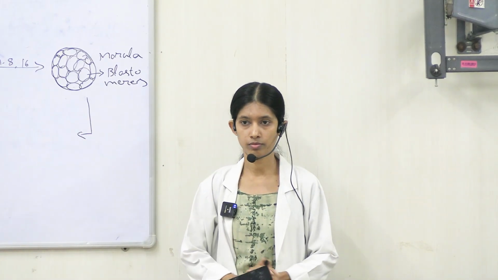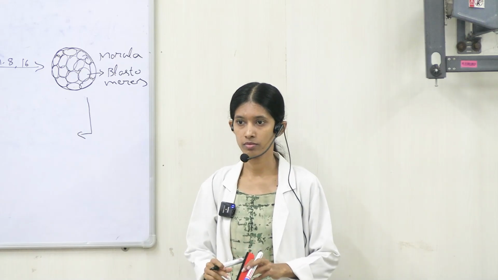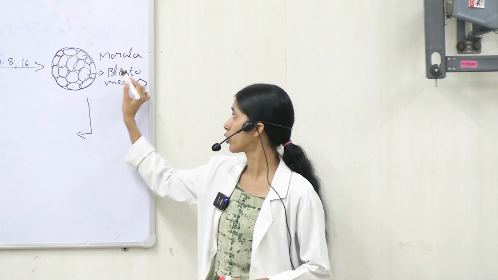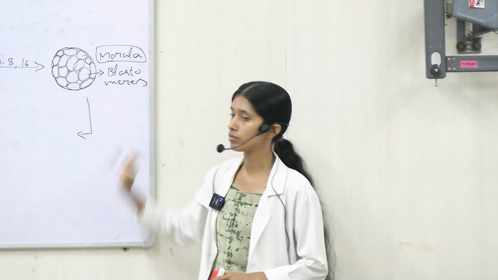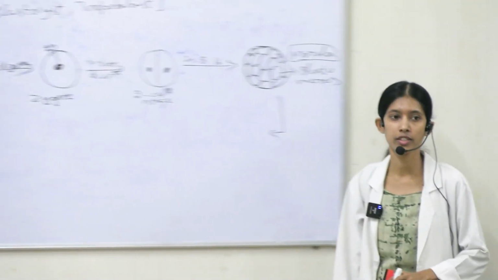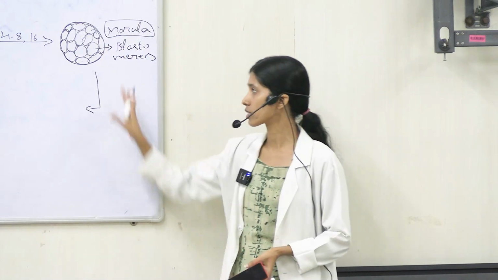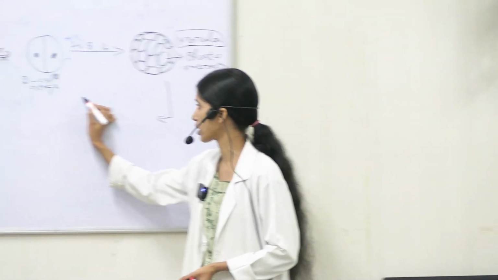Next, are there any other cell divisions? This is the 16 cell stage, morula. Yes, it will divide into trophoblast, embryoblast and other structures. So the 16 cell stage will give us this structure.